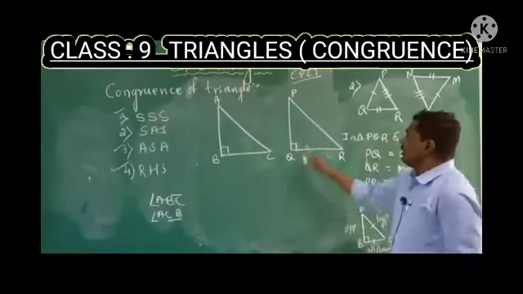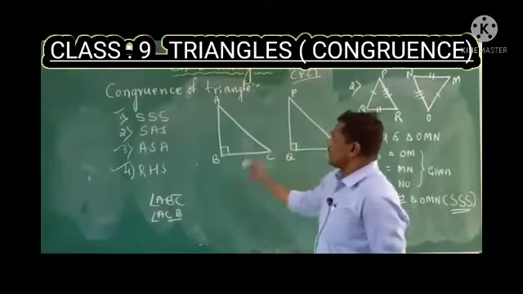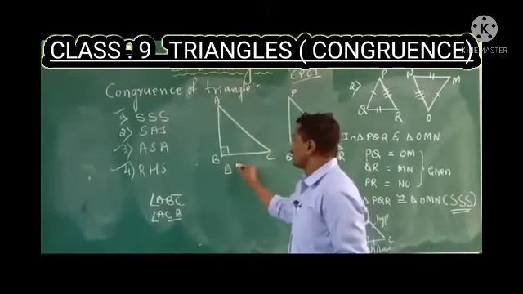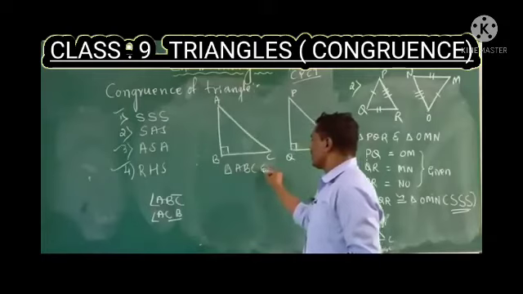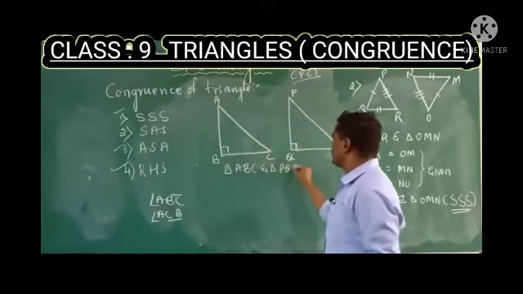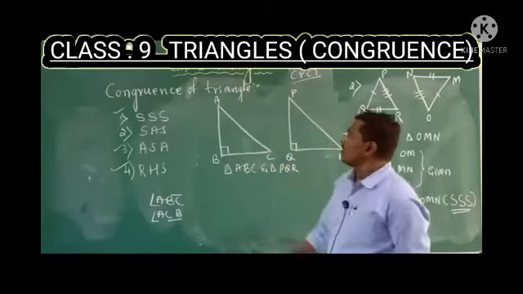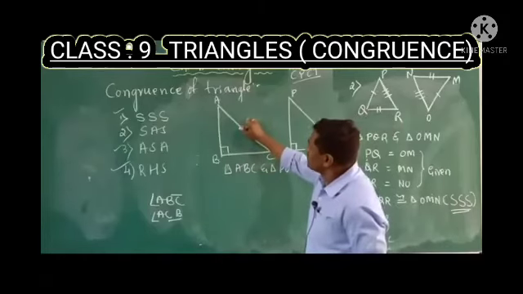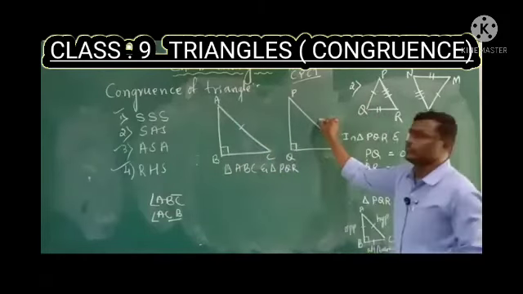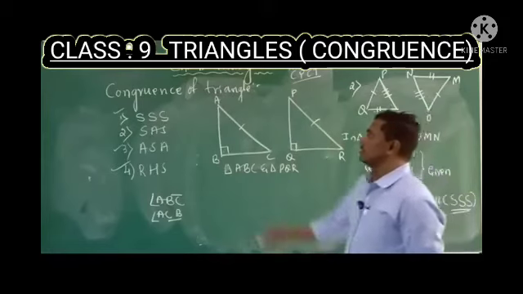Right? Take two examples, triangle ABC and triangle PQR. What are the two hypotenuse sides here? AC and PR.